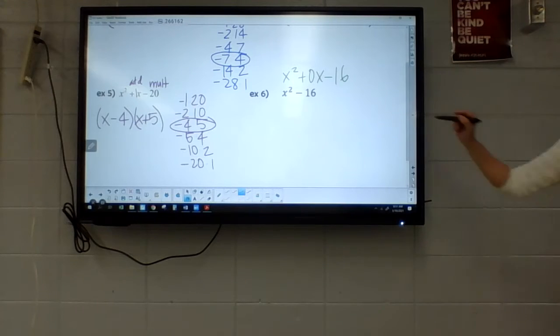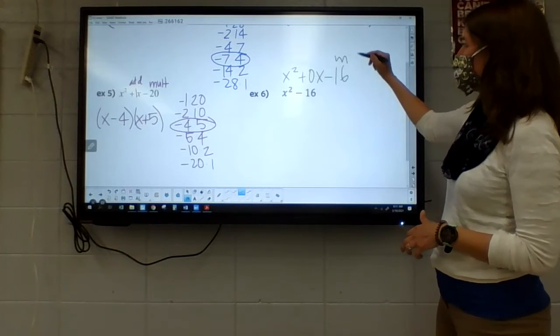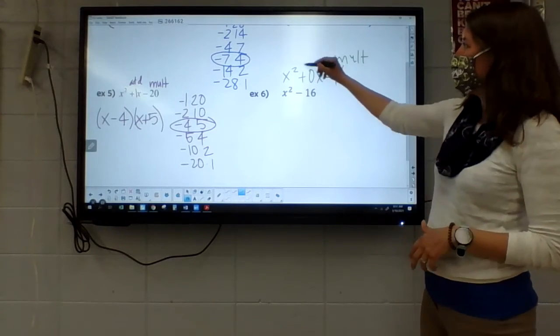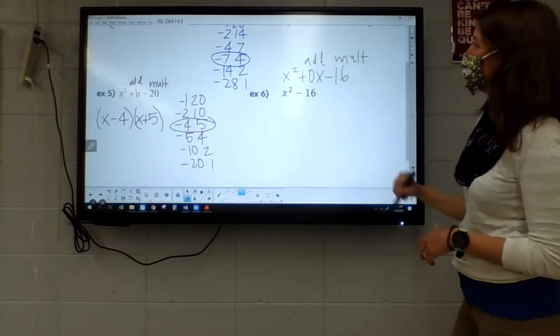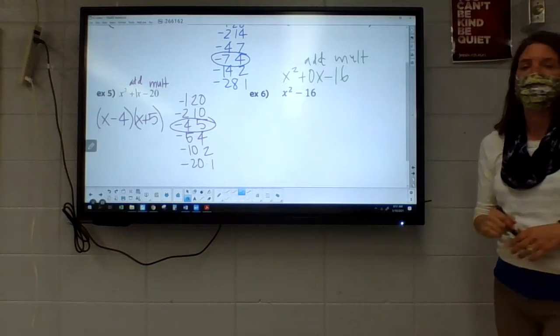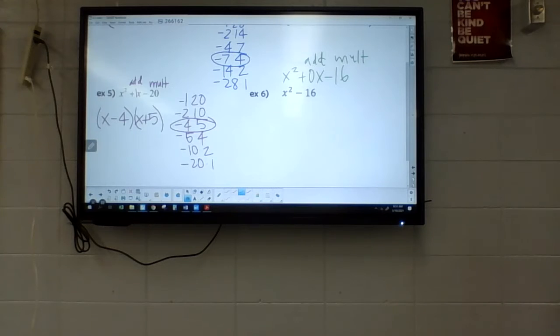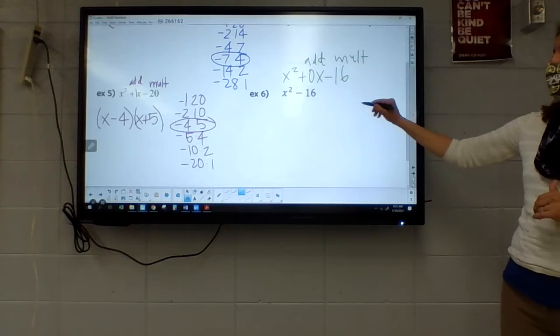So we're multiplying to get negative 16, so this is kind of a special case, but adding to get 0. Multiplying to negative 16.